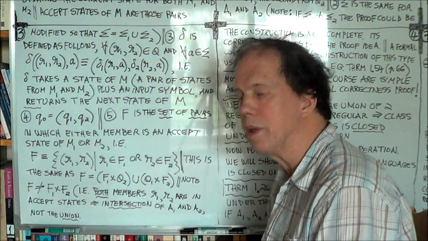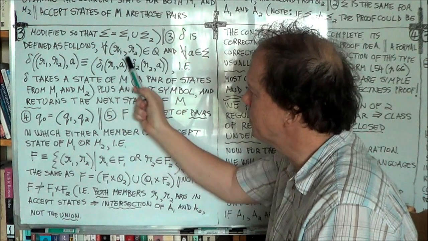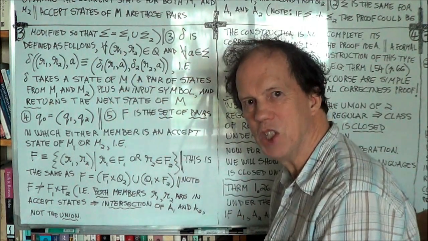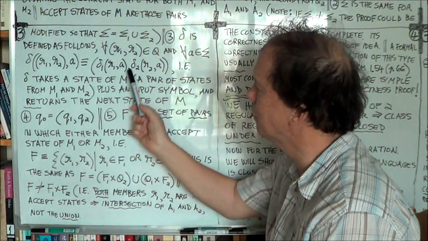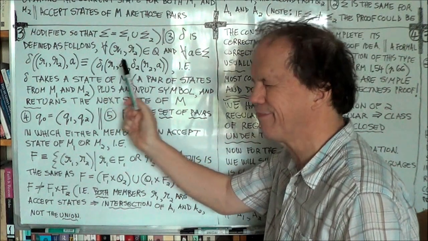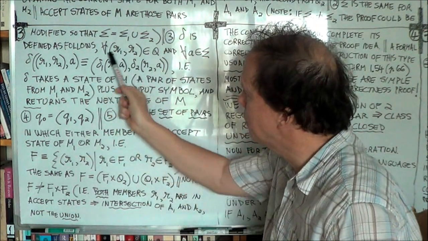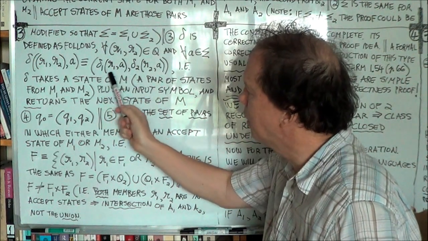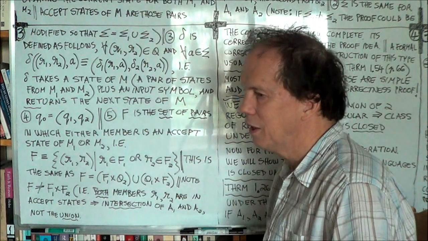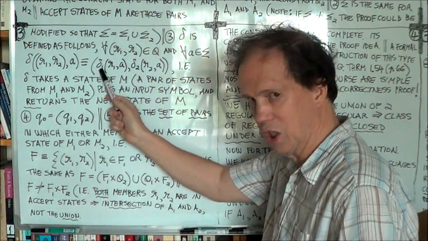Now you want to create the next state of machine M. Well, what will that be? It'll be an ordered pair. And remember, the first member will be the next state of machine M1. You know what that'll be. You just use the transition function of machine M1. So this will just be D1 of R1, A. Remember, R1 is the current state of machine M1, and that's the transition function for machine M1.